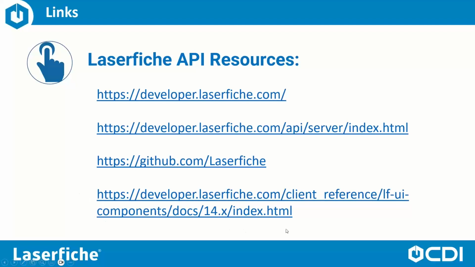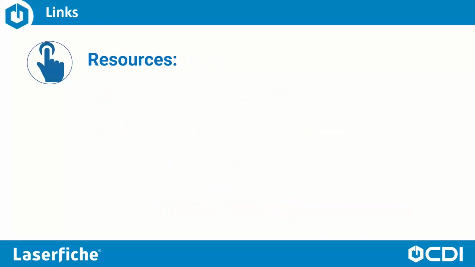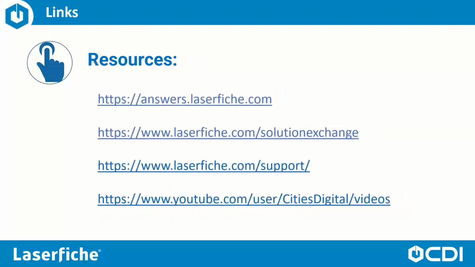And then other resources that we have available would be Laserfiche Answers. This is another good one where if you're doing your own configuration on the API, you can definitely check out Laserfiche Answers, source the Laserfiche community, and try to get answers to whatever you have. The Solution Exchange support, and then our YouTube channel, of course, also has other videos.